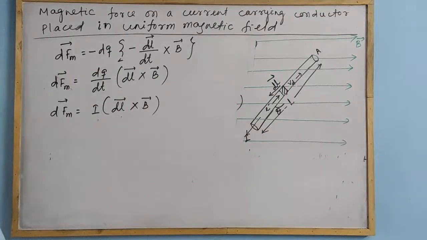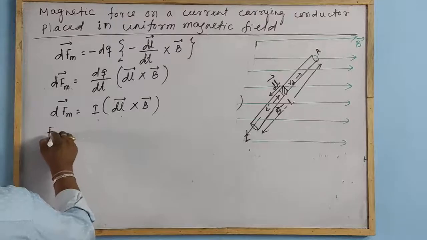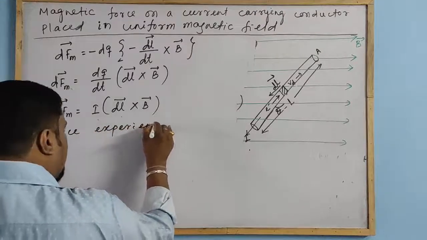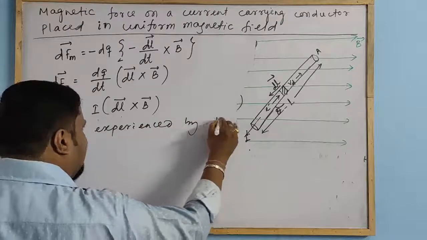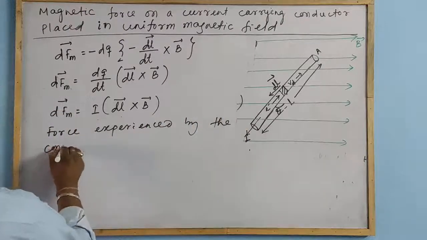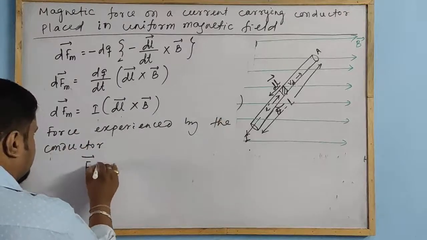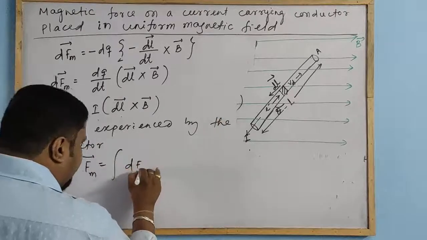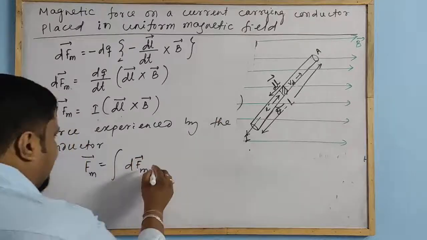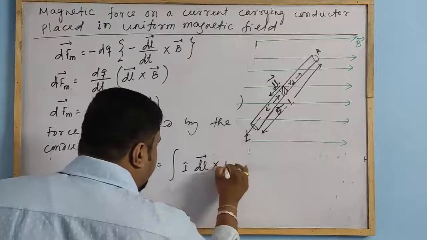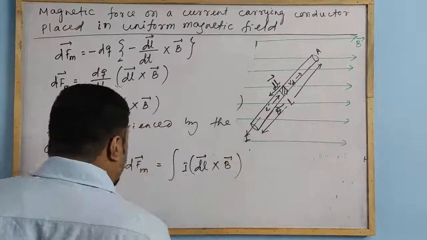Next, the net force experienced by the conductor, Fm, should be the integration of dFm. That should be equal to the integration of I dl cross B over the whole length.